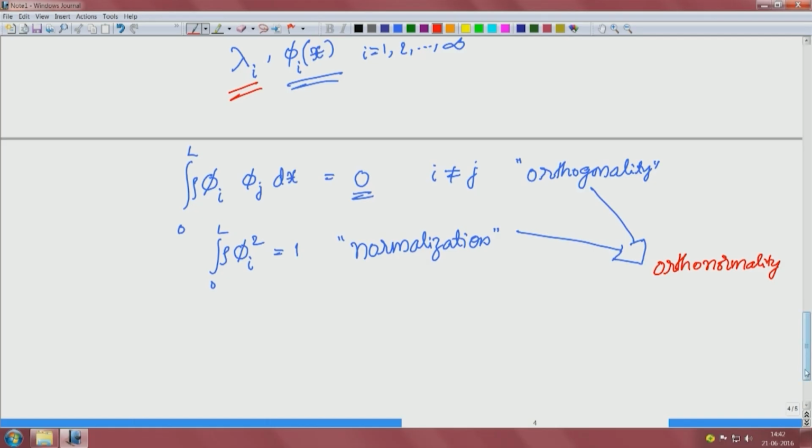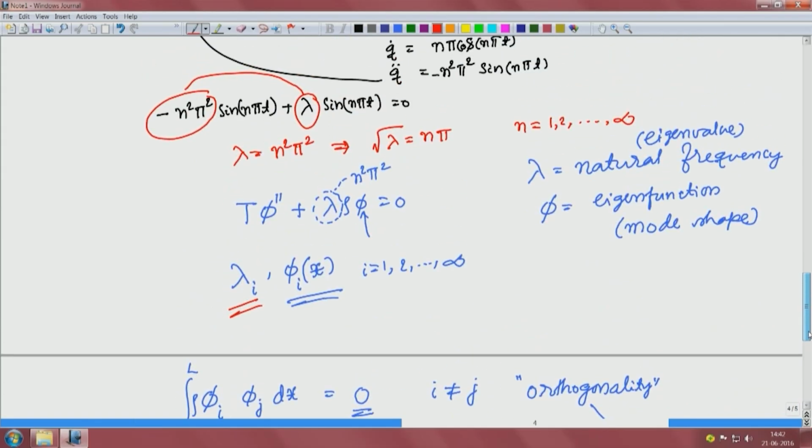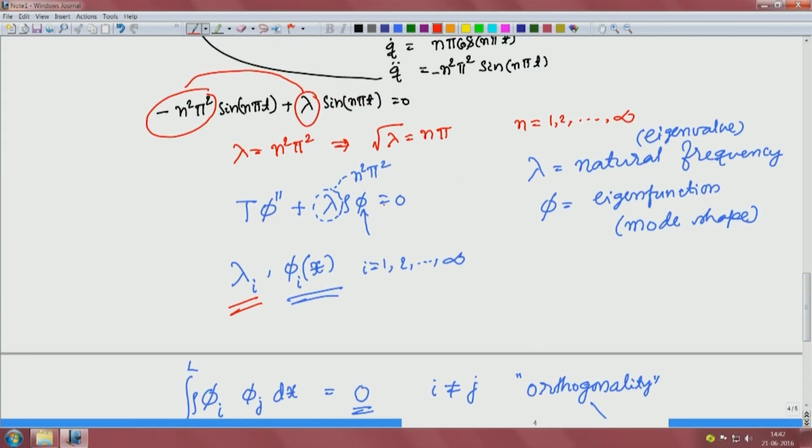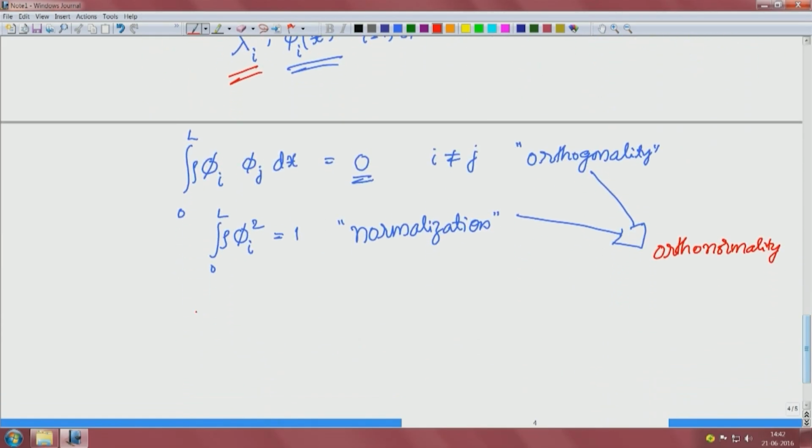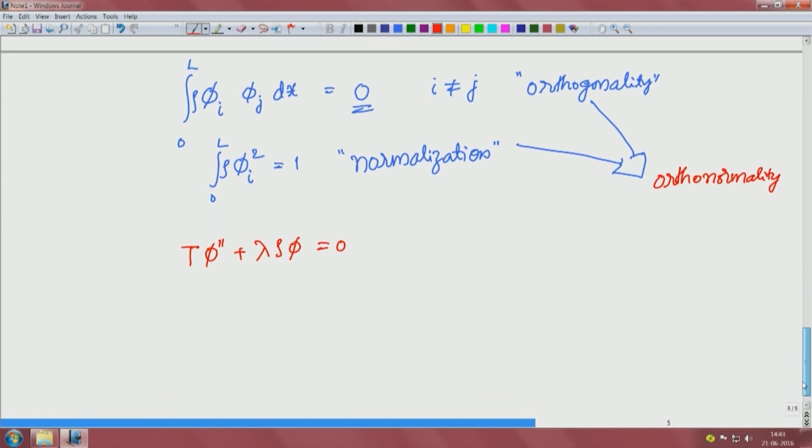In order to see that, let us take, remember this equation, T phi double prime plus lambda rho phi equal to 0. Many times we will use this. We will use this to prove that lambdas have to be non-negative.